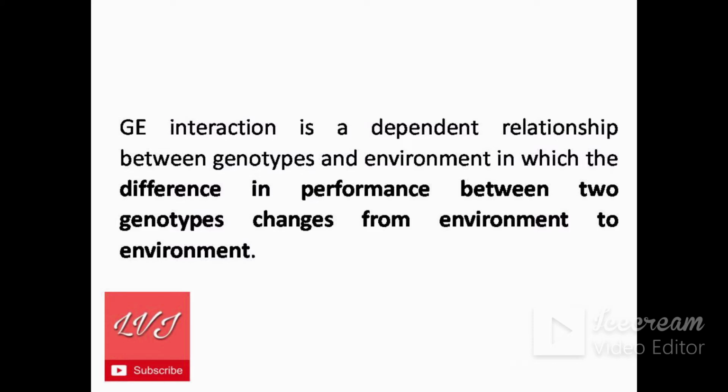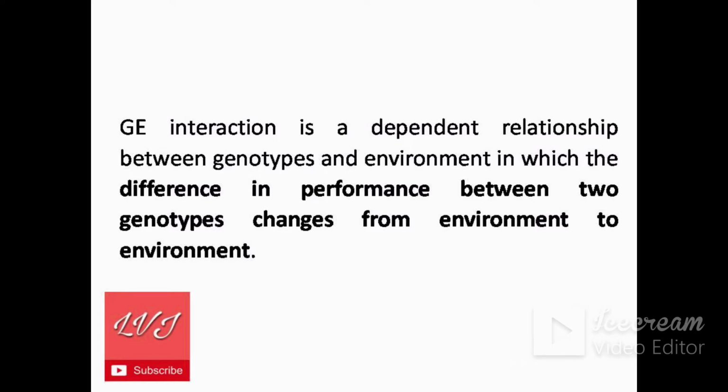To see whether interaction is present or not, the difference in performance between two genotypes in the two environments is very important, to see whether there is a difference or an absence of difference.